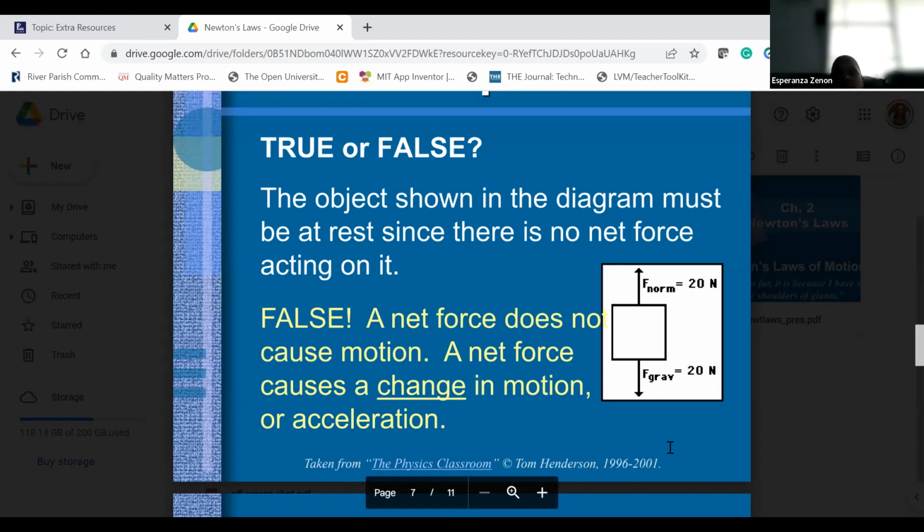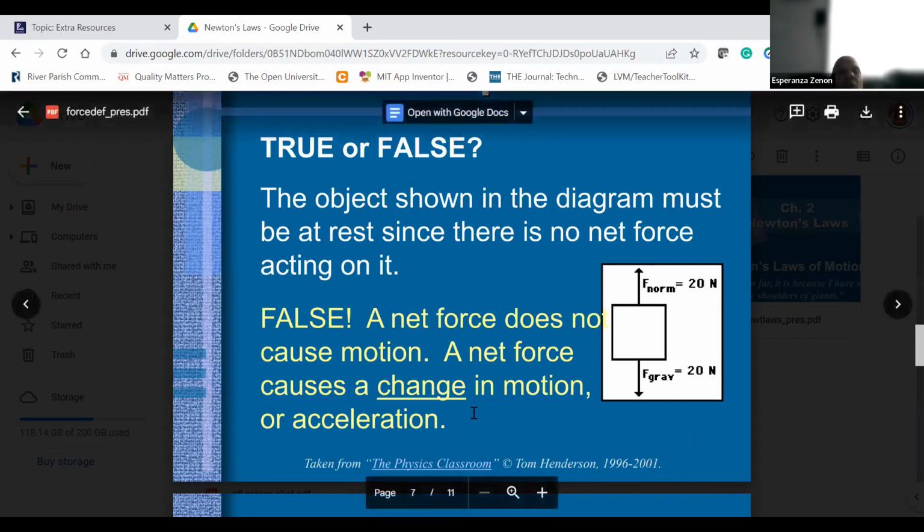Net force doesn't cause motion. Net force causes a change in motion, or acceleration. So you don't have a net force here, so you can't accelerate. It doesn't mean you can't move. This thing could be moving at a constant velocity and still not accelerating and still have balanced forces.